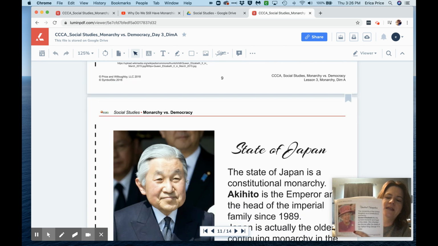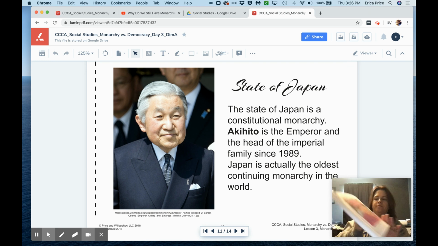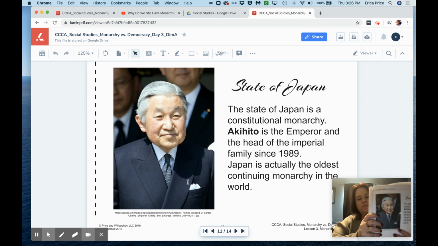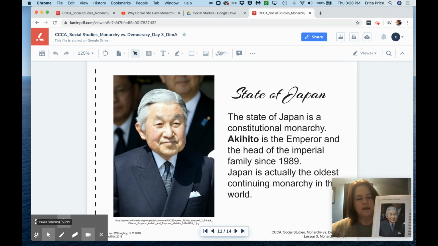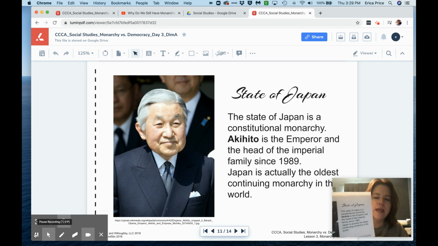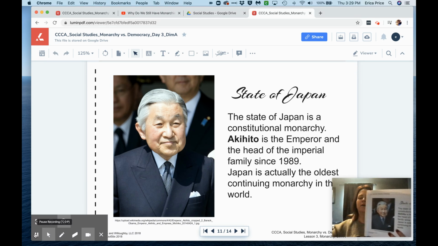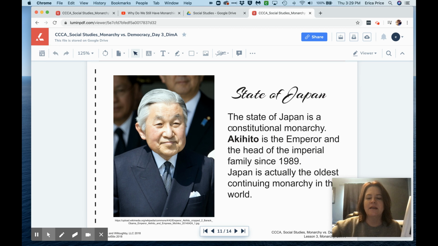So let's check out the next one, the state of Japan. The next country we're going to read about is the state of Japan. The state of Japan is a constitutional monarchy. Akihito is the emperor and head of the imperial family since 1989. Japan is actually the oldest continuing monarchy in the world. So it says that Japan is also a constitutional monarchy.